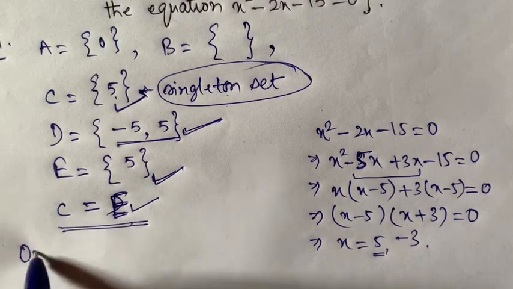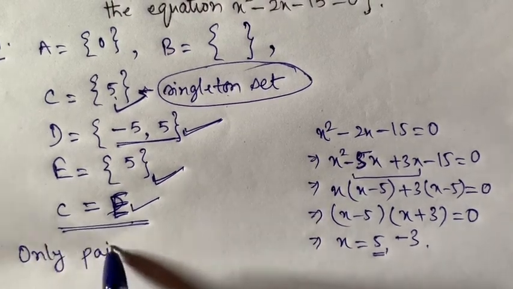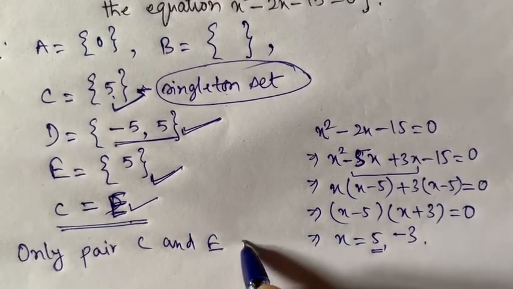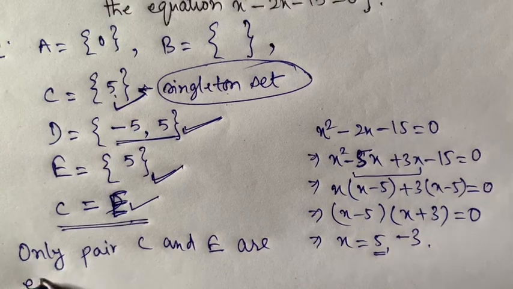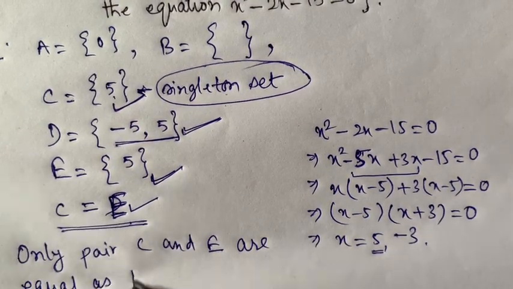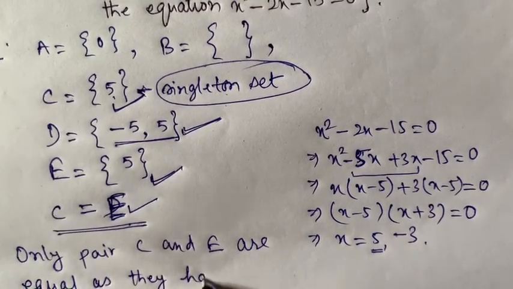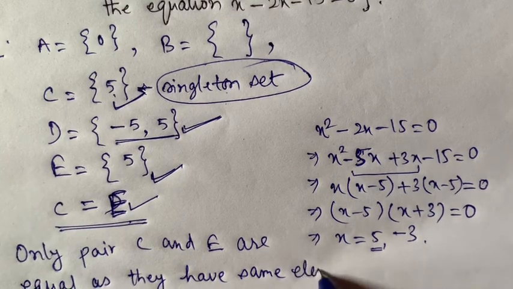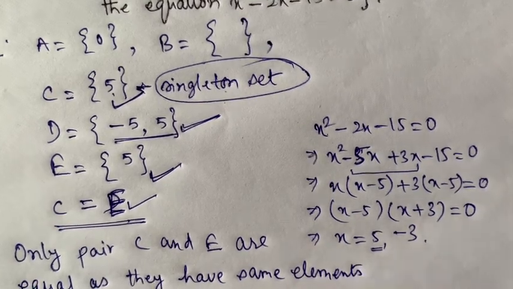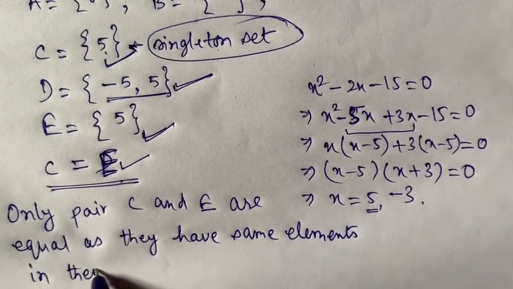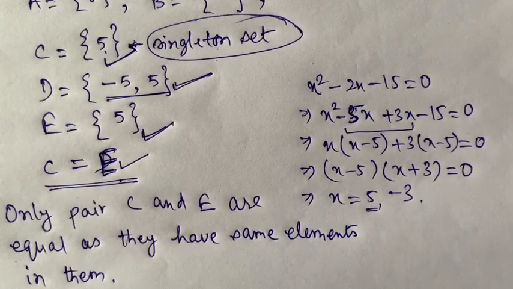So only pair C and E are equal as they have the same elements in them.